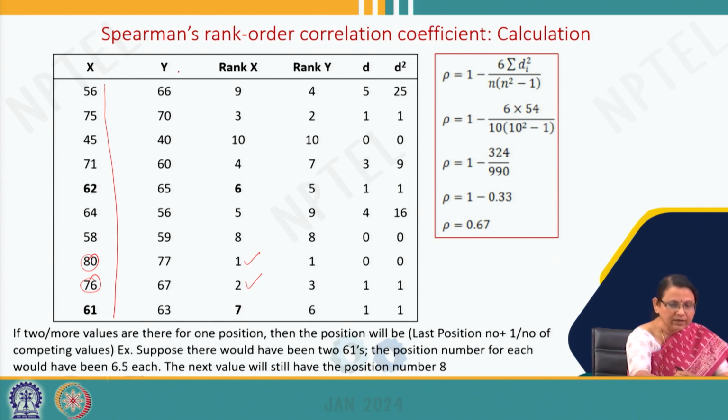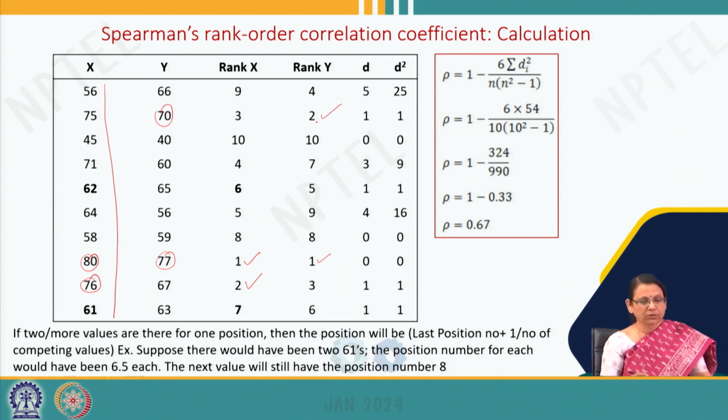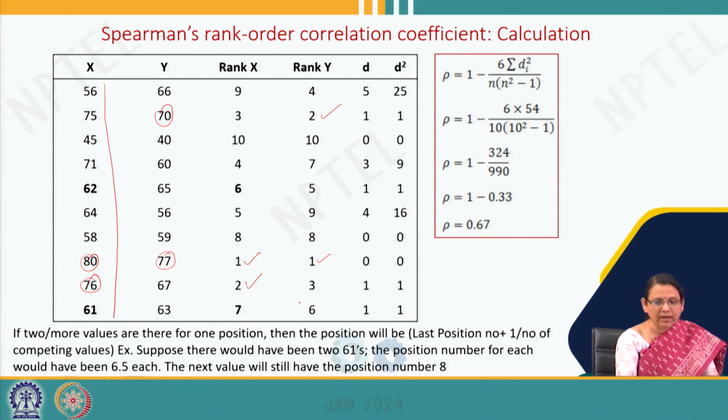Now look at the second variable. In the second variable again, 77 is the highest, then the next one is 70. So both the variables, with respect to their individual data points, are ranked.